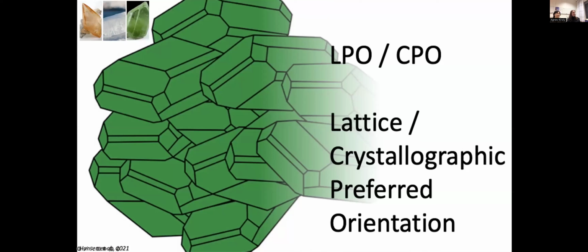The other part, which is more interesting for us when we're talking about mantle dynamics, is the lattice or crystallographic preferred orientation of crystals that have intrinsic properties that are anisotropic. Olivine, for example, is very much an anisotropic crystal, which means that it deforms much faster when the strain direction is aligned with the olivine A-axis versus when it's aligned with the olivine C-axis.